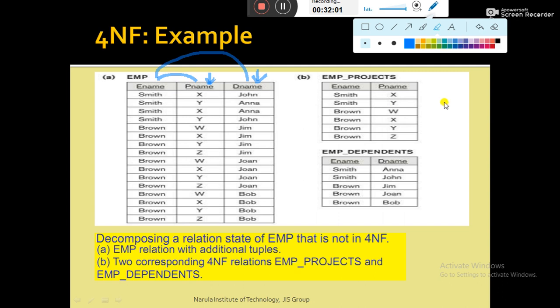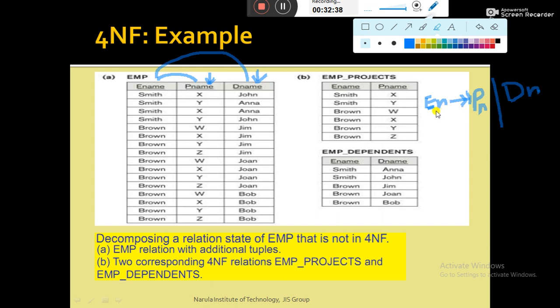So let me write it here. Ename, means EN, I'm writing in short, double arrow pname. So EN multi-determines PN, as well as EN multi-determines dname, and in a single line we can write it that way also, instead of writing in separate lines.